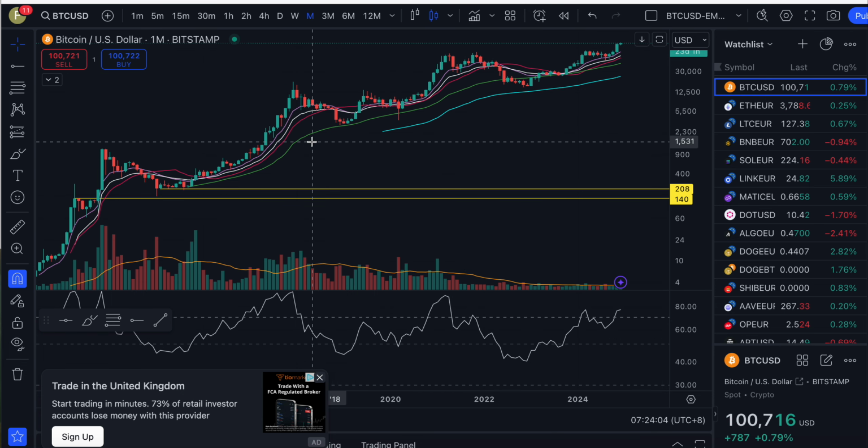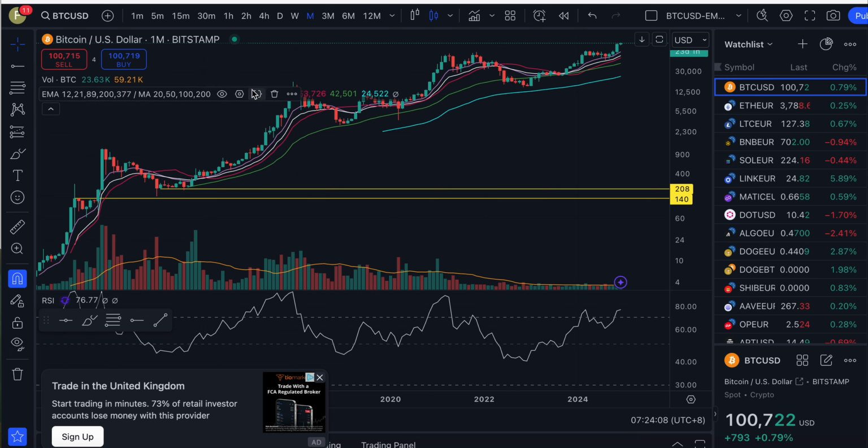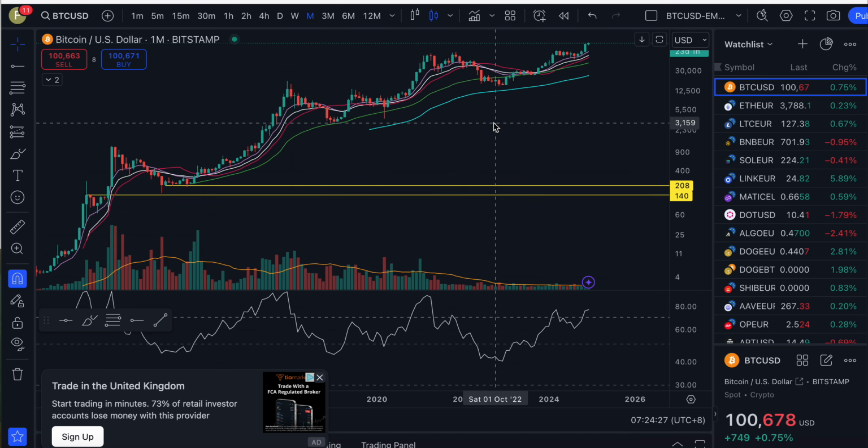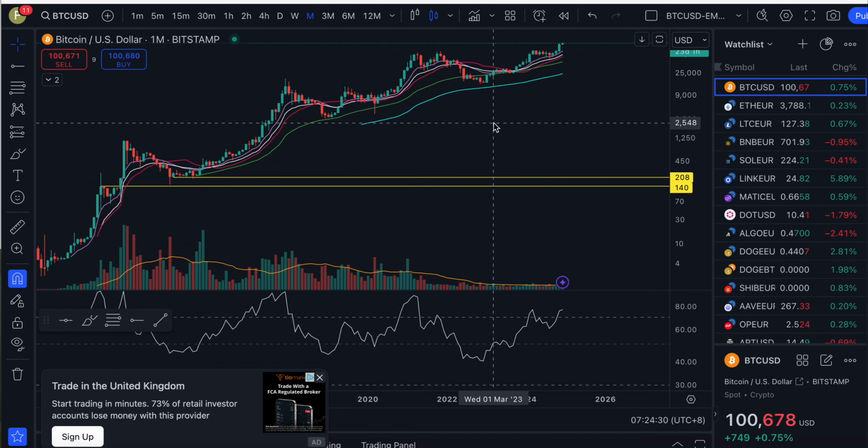The RSI is the most important, and then you can just switch. You can edit here on the settings the number of the moving average, but it's the 12, the 21. You don't need to use the 20, so 12 and 21 exponential, and then you can use the 50, the 100 and 200 simple moving averages, or just moving averages.